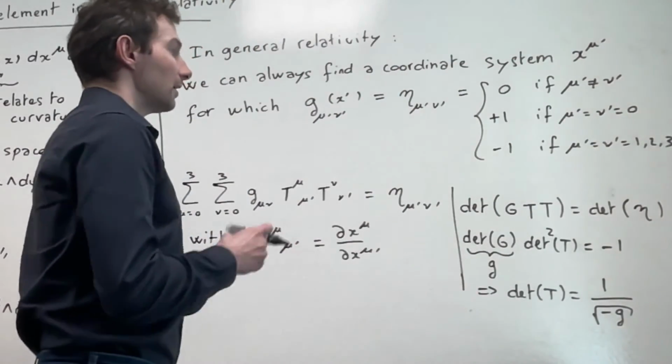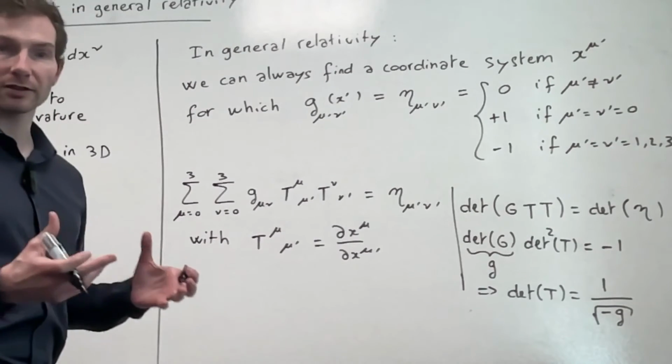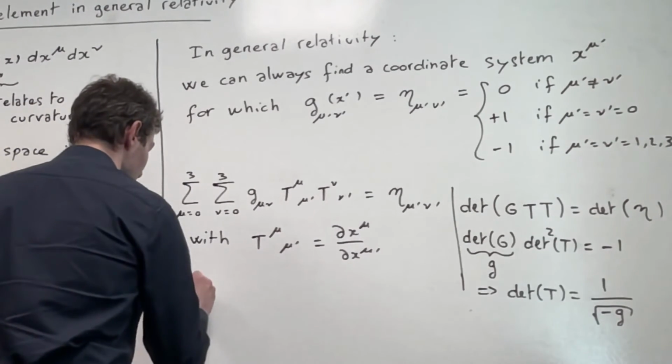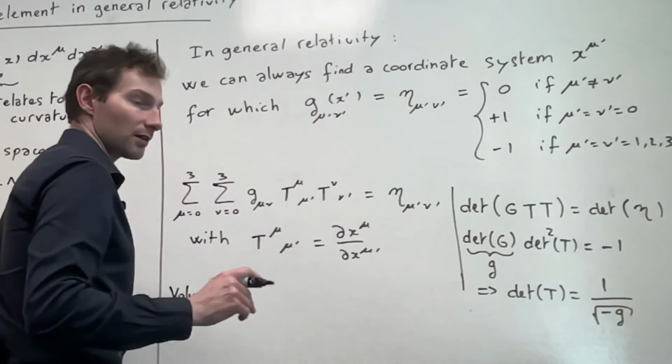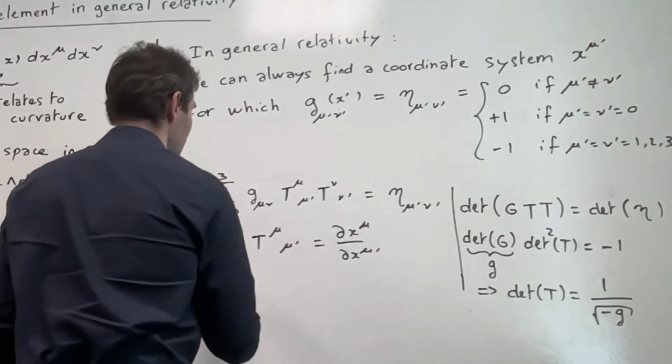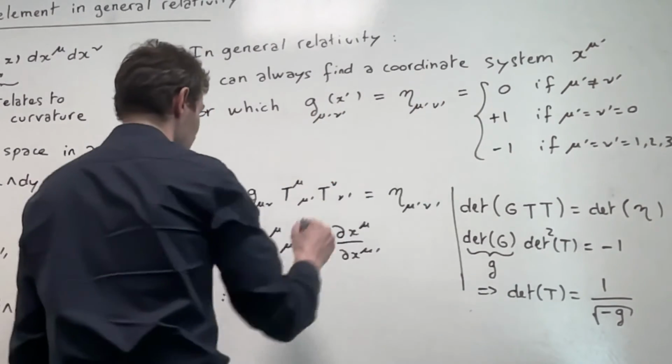Okay? Now, that's where we actually look at things. So I'm going to say that the actual space-time volume that is safe to define is going to be in terms of the x prime coordinates.